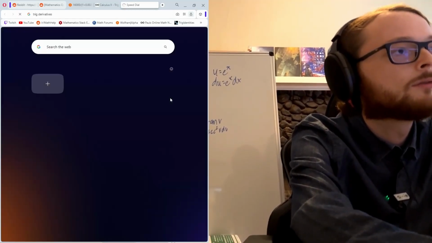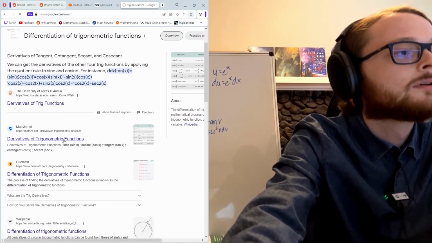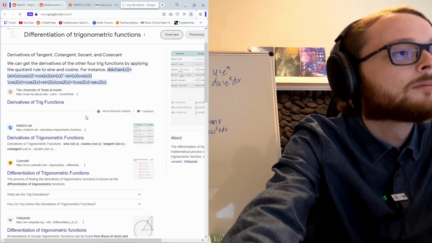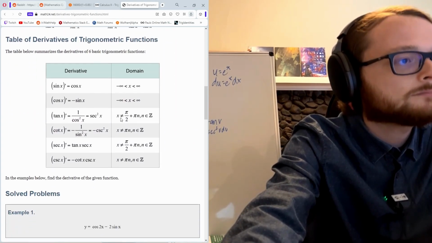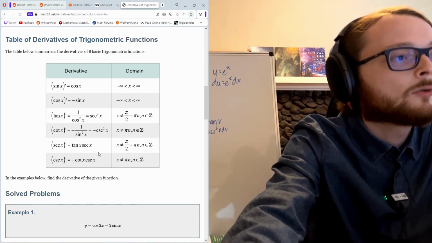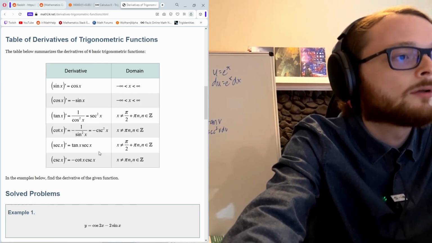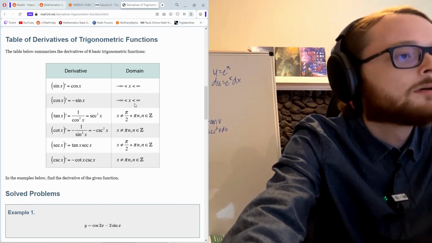Trig derivatives. Cotangent becomes minus cosecant squared. Okay.